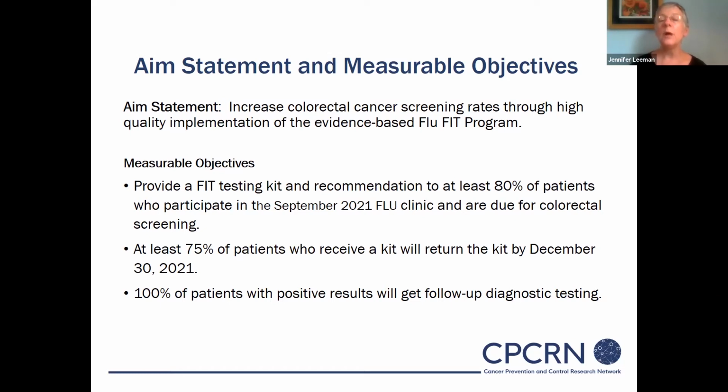So you see here, what they're trying to accomplish is provide a FIT testing kit and recommendation to at least 80% of patients who participate in the September 2021 flu clinic and are due for colorectal cancer screening. At least 75% of patients who receive a kit will return the kit by December 30th, 2021, and 100% of patients with positive results will get follow-up diagnostic screening. So that's the charge for this implementation team.